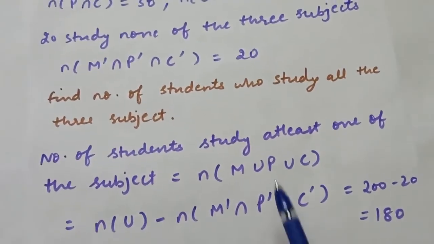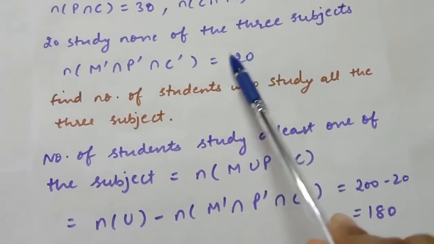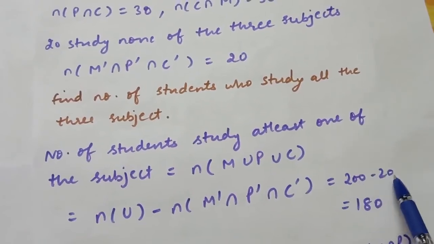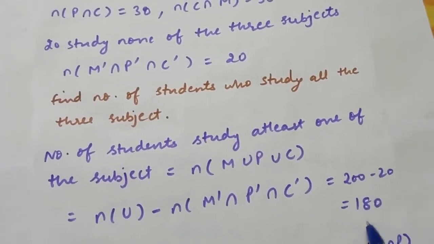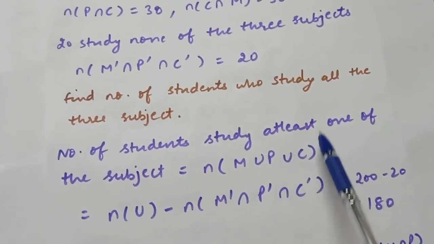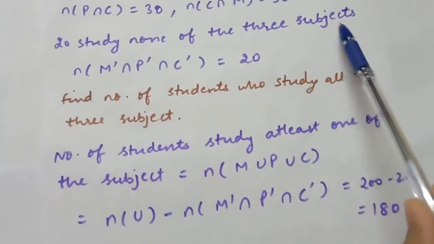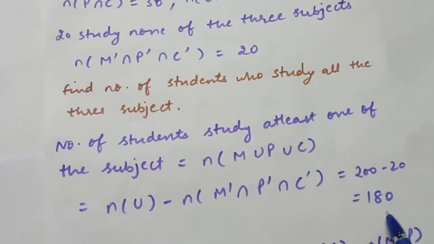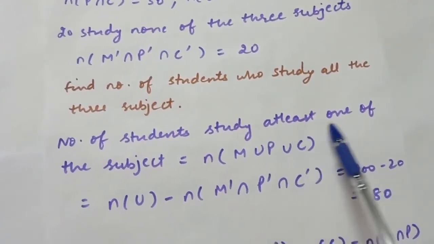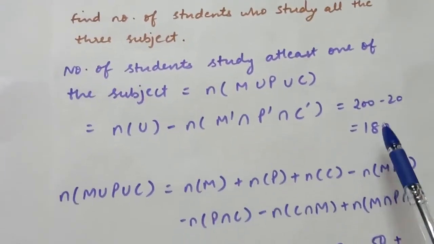Or you can also see that these are the students who do not study any subject. So universal minus this number of students is equal to 180, which are those students who study at least one of the subjects, because only 20 students study none of the 3 subjects. Rest may study one subject or 2, but they must be studying at least one of the subjects. Clear? So this is now 180.